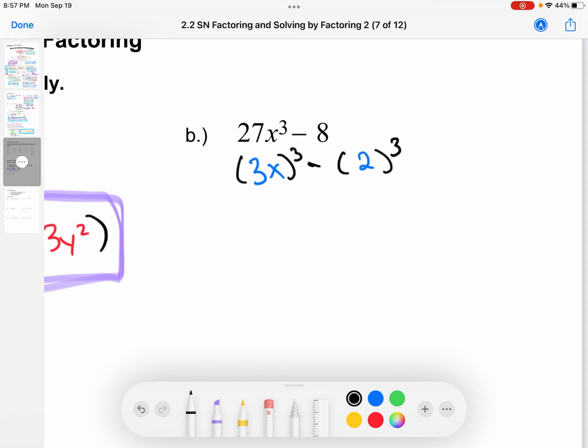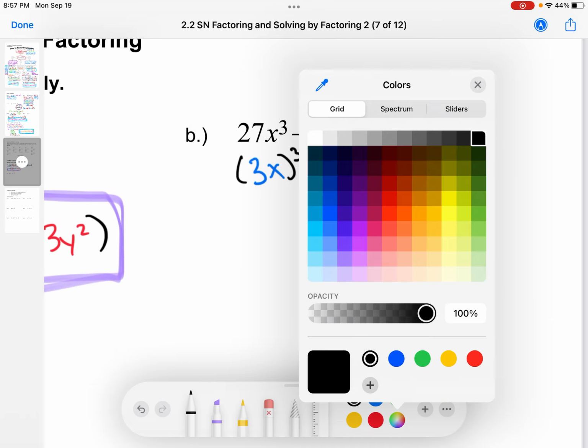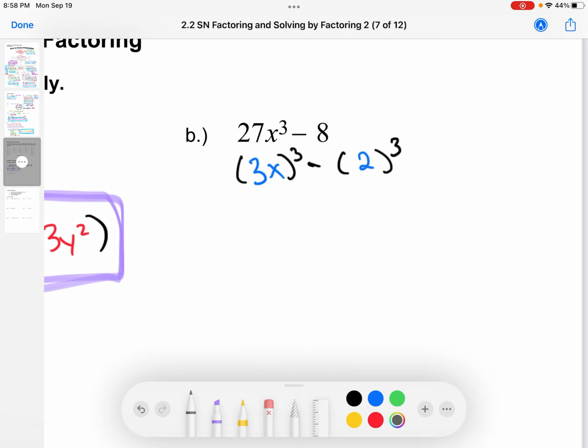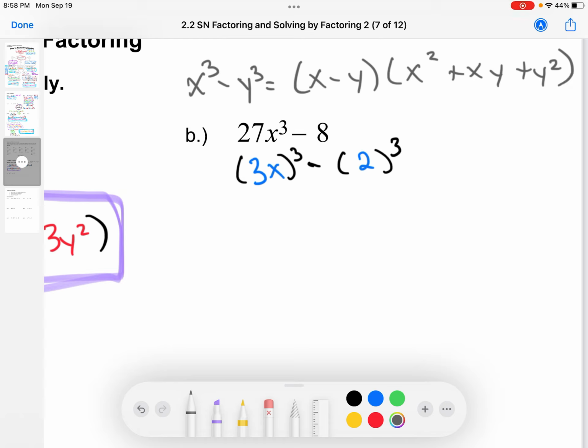Now, if we remember that factoring formula, or we might give it to you when you need it, it tells you that x cubed minus y cubed factors into first parentheses x minus y, second parentheses x squared plus xy plus y squared.